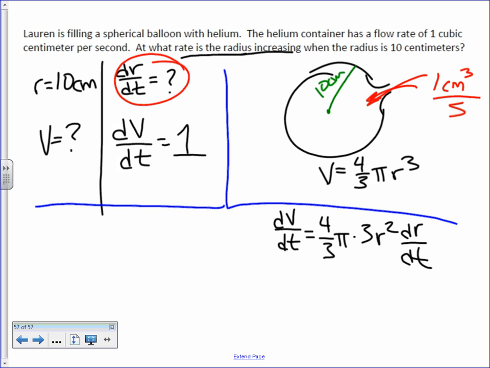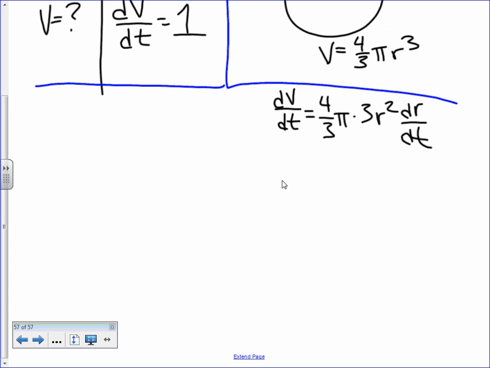All right, I'm going to simplify. I've got a 4/3 and a 3 multiplied. Everything's being multiplied here, so those just make a 1. They cancel out, so I've got 4 pi r squared dr/dt equals dV/dt.